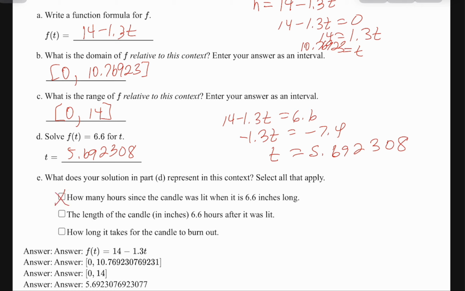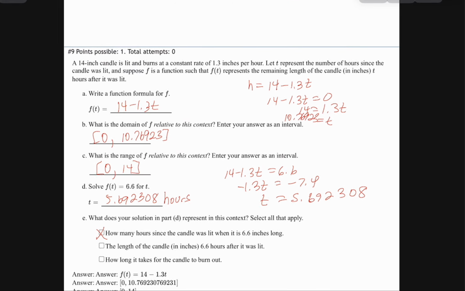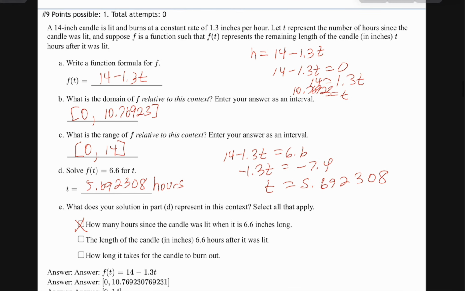So if you know that time represents hours, it would be how many hours since the candle was lit when it is 6.6 inches long. Okay, so there's question 9. Please just adjust if your numbers and my numbers are a little different.